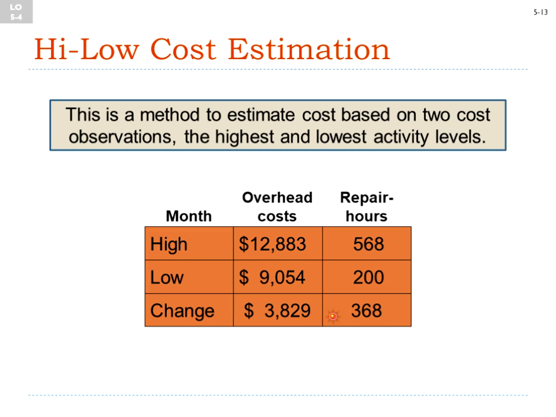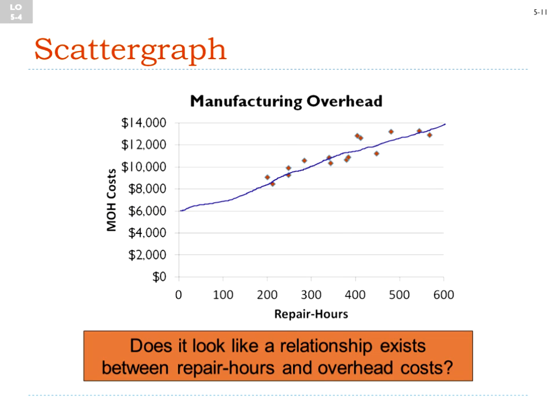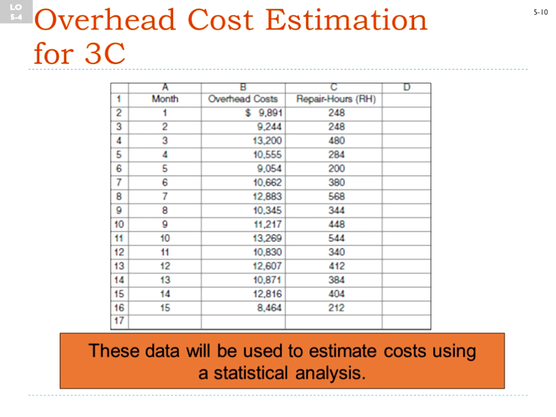So in this case, they're actually using the same data that we looked at a few slides prior. So on this chart, we identified, I believe it was 200 as the lowest amount of repair hours, and that cost was $9,054, and then the highest looks to be 568, and the cost for that is $12,883.